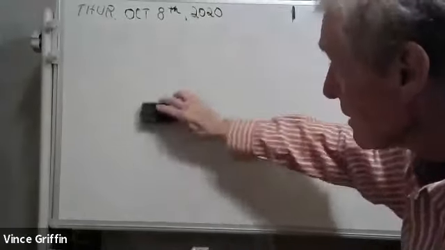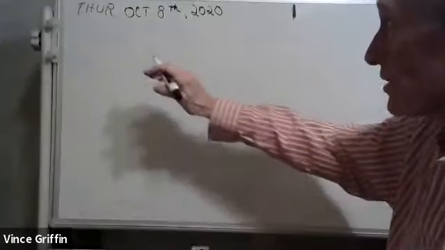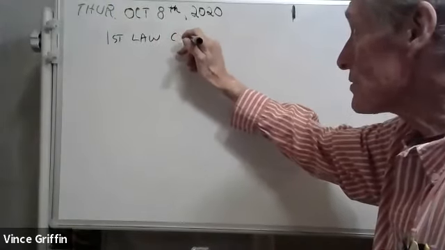Okay. We know there's different versions of the first law of thermodynamics. When we started off in this course, we did a first law for controlled masses. And it went like this.